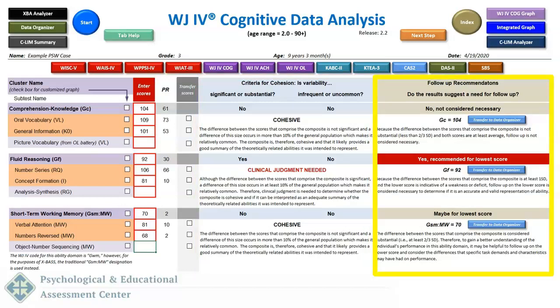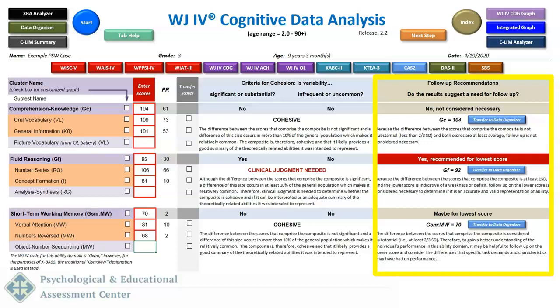On the right side, the program provides recommendations on whether follow-up is needed given the provided scores. Some examples of what the program might read include no, follow-up is not considered necessary, yes, recommended for lowest score, and maybe for the lowest score. The program provides the examiner with brief descriptions of why it is giving a particular recommendation. It is left up to the professional judgment of the examiner whether or not to follow up on their scores.